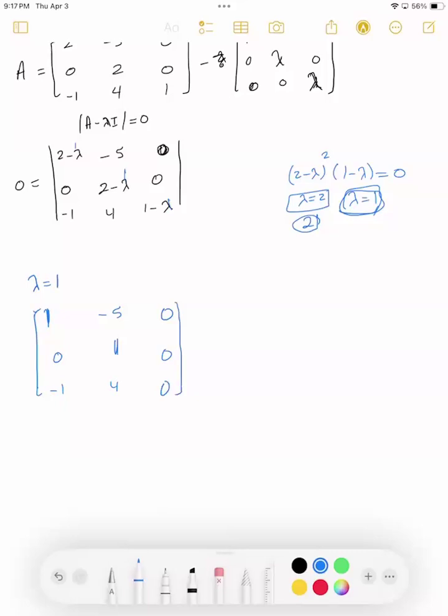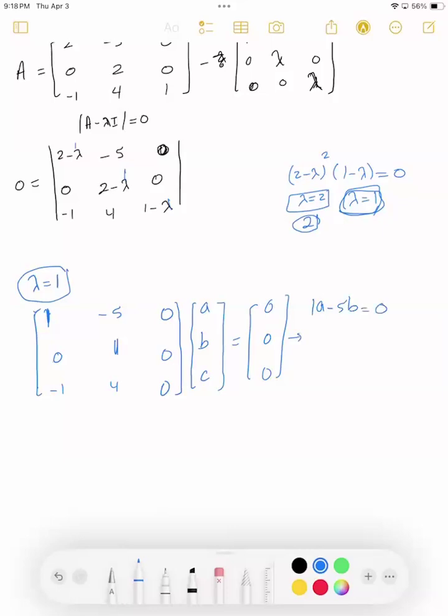And then to find, for this eigenvalue lambda equal to 1, a corresponding eigenvector, a, b, c, I set it equal to 0, 0, 0. So I get 1 times a minus 5 times b, 0 times c is equal to 0.